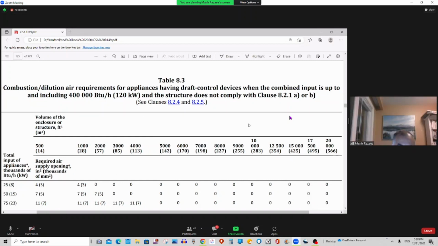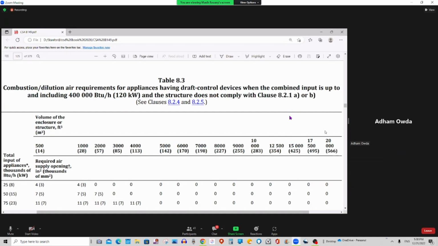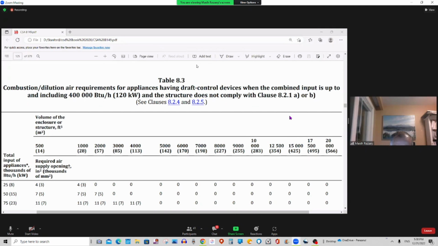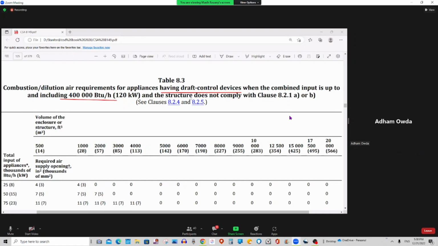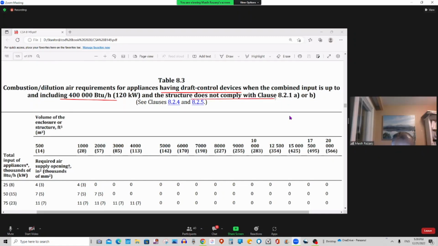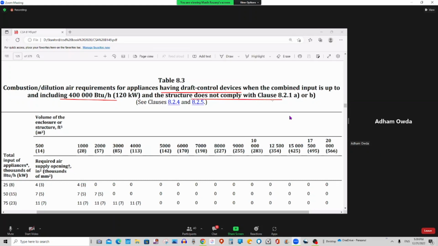It gave you three pieces of information. First of all, it said the appliance has a draft control, so it's natural draft. Then it gave you up to and including 400,000 BTU. And the last, it said it does not comply with clause number 8.2.1. What does it mean, sir?